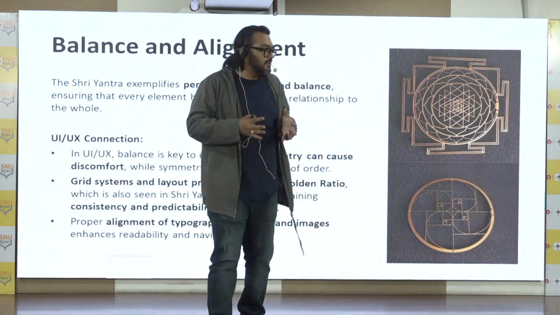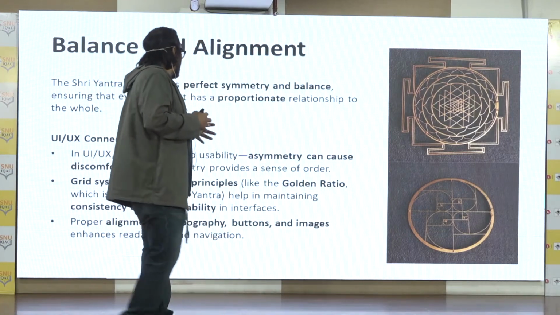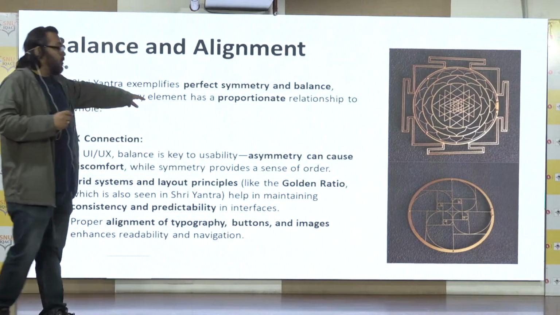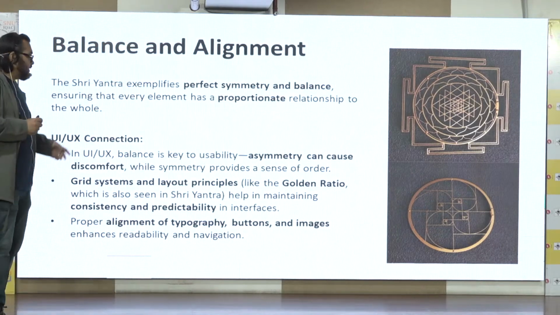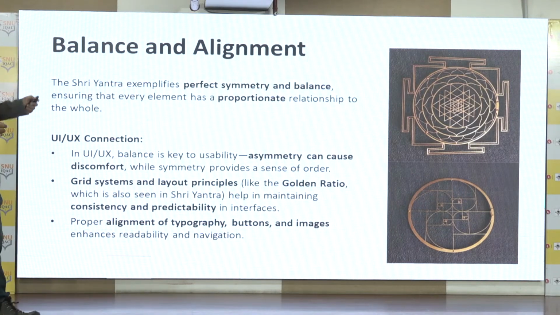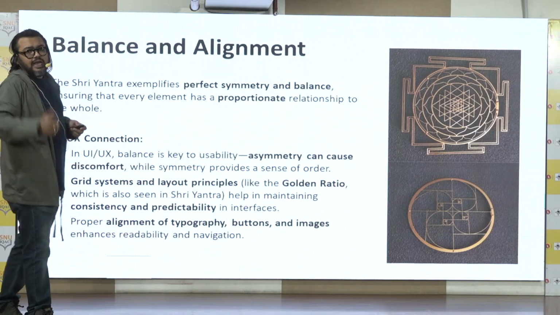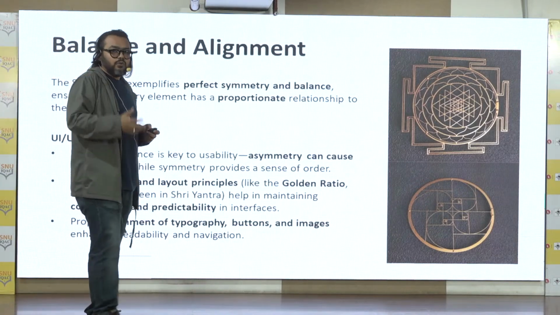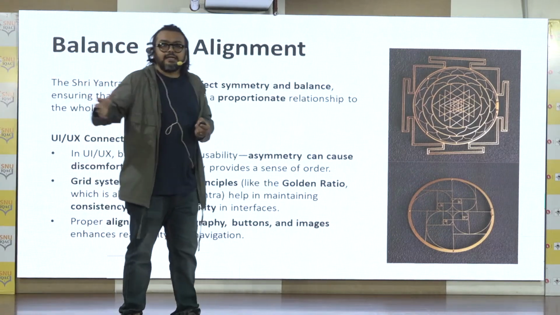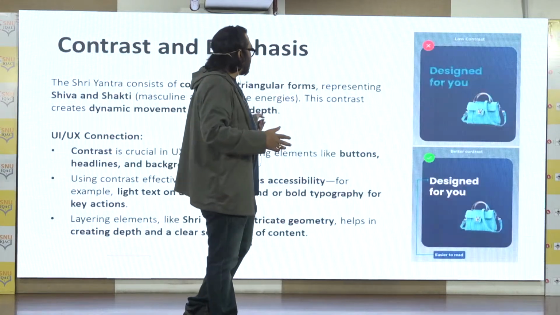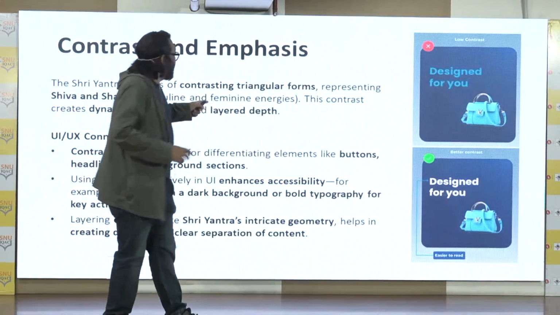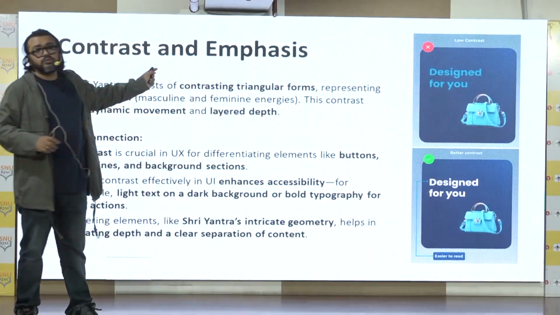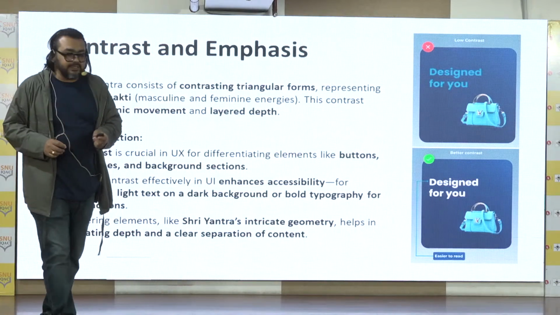You have done something vividly wrong. Now, we'll talk about golden ratio or Fibonacci series a bit later, and we'll create an argument that if we can connect the golden ratio or the Fibonacci series with this. But before that, we'll also talk about contrast and emphasis.